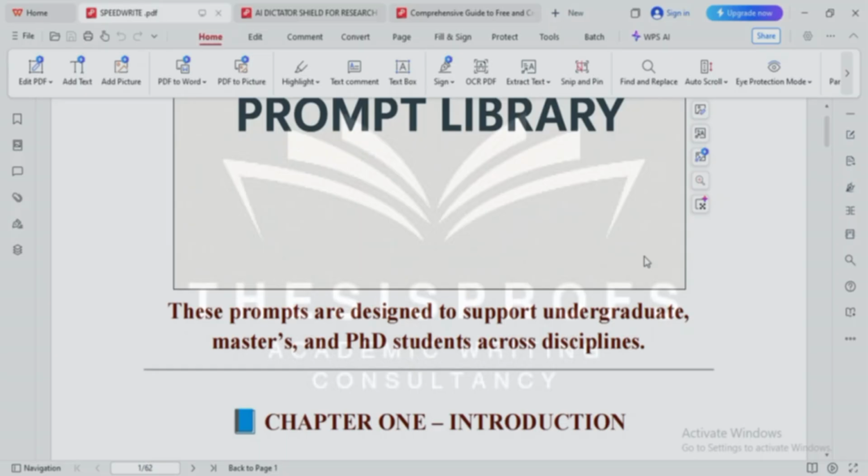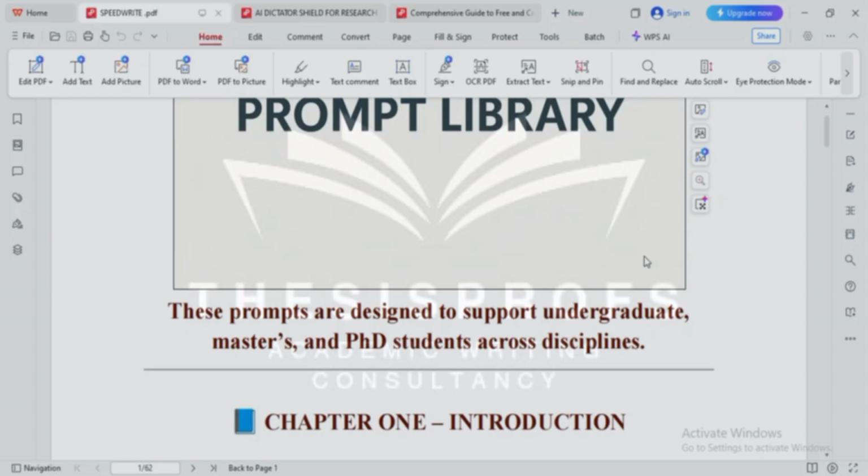Now, this means you teach the AI what you are working on, what level of study you are in, what discipline your research falls under, and the kind of output you expect, whether it's a scholarly paragraph, a bullet point outline, or a thematic synthesis. Without priming, you get generic results. With priming, you get gold.